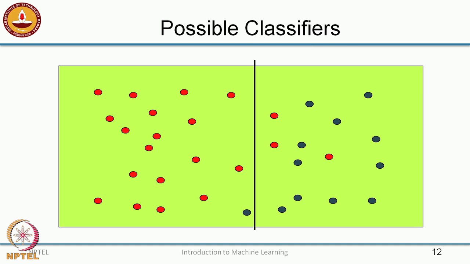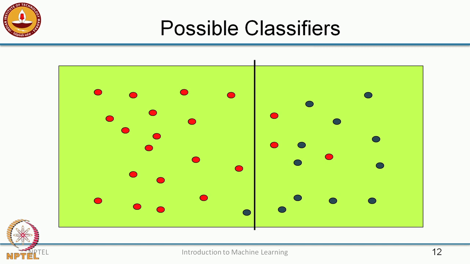Here I have drawn a line and everything to the left of the line, these are points that are red. So, everything to the left of the line would be classified as will not buy a computer, and everything to the right of the line where predominantly the data points are blue will be classified as will buy a computer.